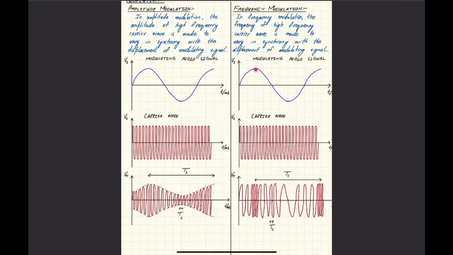So where the speech signal is high, you make a wave with a higher frequency. Where the speech signal is low, you make a wave with a lower frequency. So this is what's being transmitted through. Higher signal means higher frequency, lower signal means lower frequency, and higher signal means higher frequency again. So this is what's being transmitted.